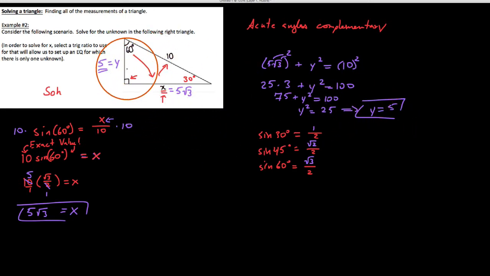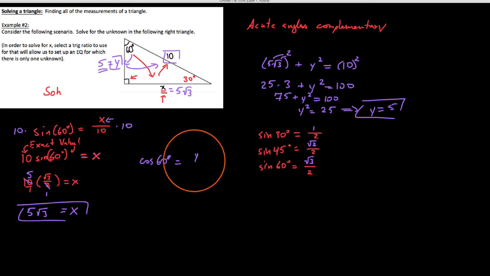So that is to say, if I knew these angles, and I don't know this is y, and I know the hypotenuse is a length of 10, we could say that, for instance here, the cosine of 60 would compare the adjacent side to the hypotenuse, where we have the cosine of 60 degrees is equal to our adjacent side, which is y, over the hypotenuse, which is 10.